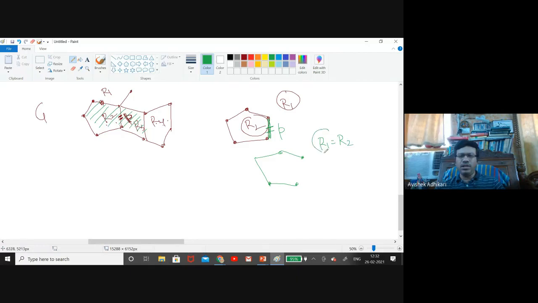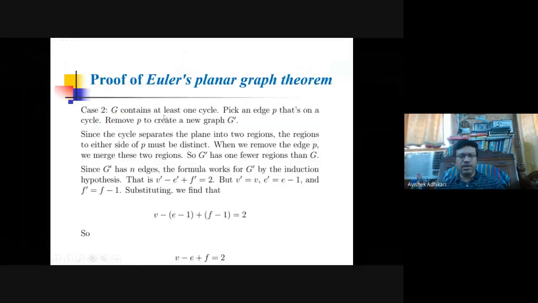So all the regions in this case will be unbounded. But here, if you remove this P, then what will happen? R2 and R3 become the same. But if you remove this edge, then R2 and R1 will become the same, so that this region becomes unbounded and merges with R1. So that's what it says.